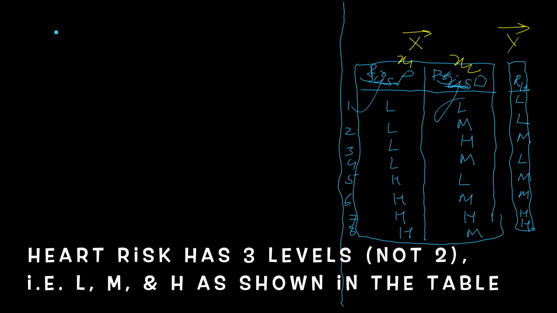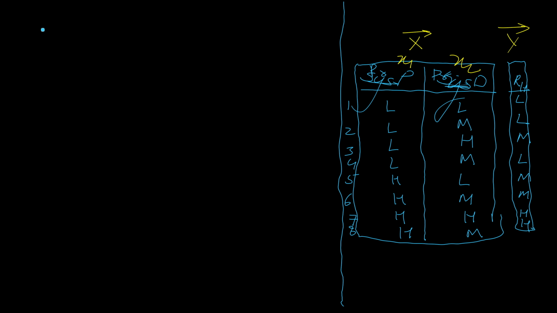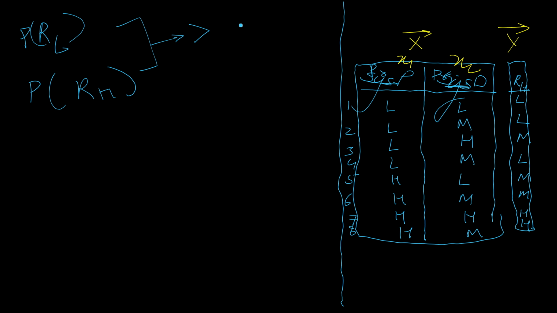So if I want to actually make a classifier in this particular case, I'll have both my probabilities. What is the probability for any data that I have a low heart risk, which is like R low, probability of R being low, and then I will also have a similar probability of R being high. I'll compare these two. Okay, if I am making a single point model which just has one prediction in this particular case, and the data that we have taken has only one prediction, then whichever is higher we'll compare and we'll give that result.